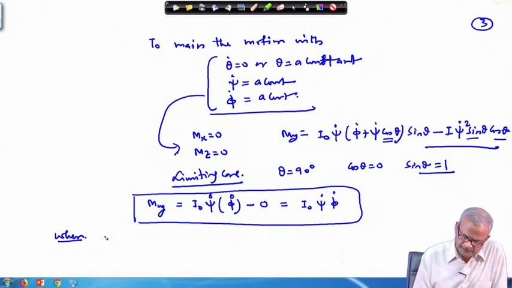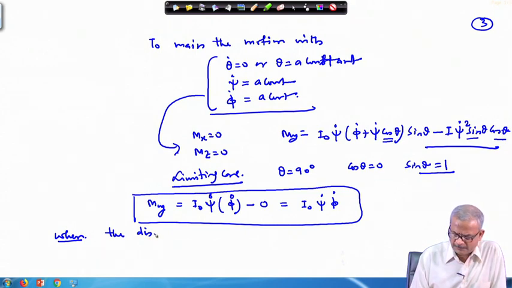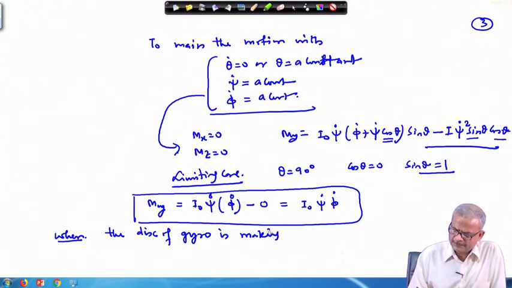So, when the disk of the gyro is making theta equal to 90 degree, at that time the torque required to maintain the motion along the y axis will be given by I0 psi dot phi dot.